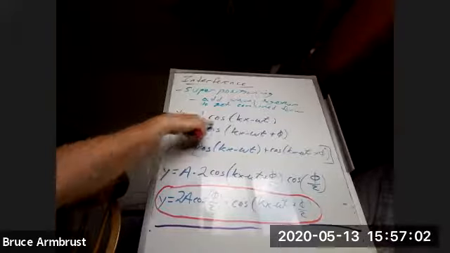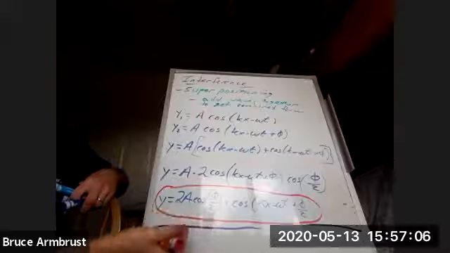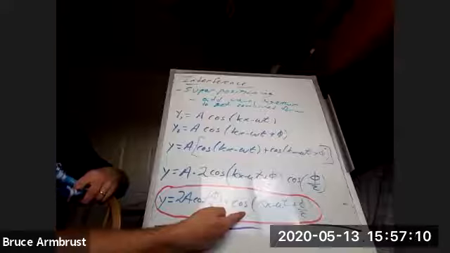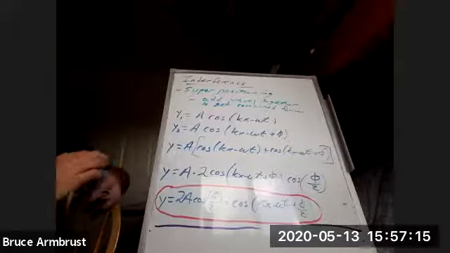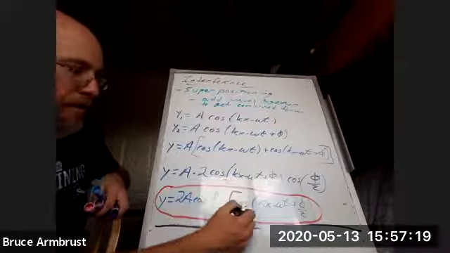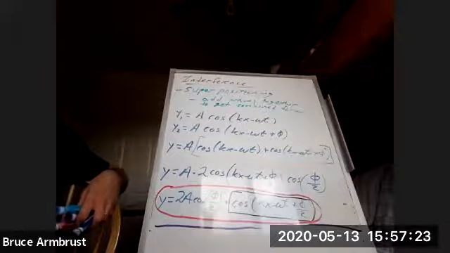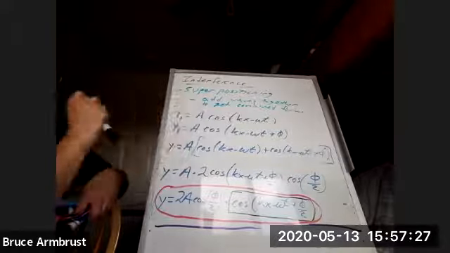If you had done sine and sine, you would have gotten something similar, except instead of a cosine it would have been a sine. But regardless, I want you to notice a couple things. First, look at the wave bit. This is exactly the same period wave.